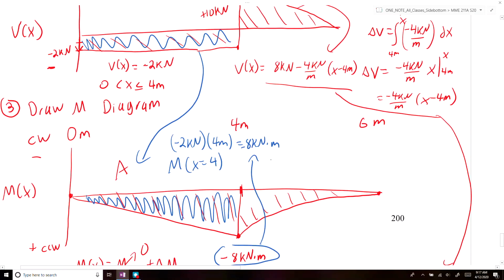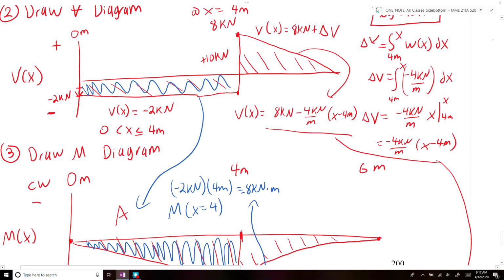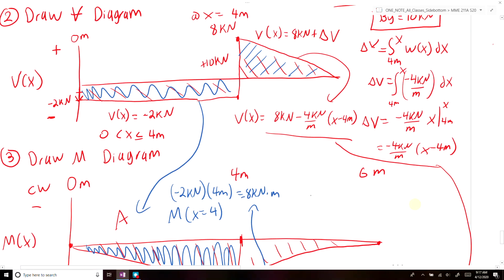And then if you look at the area under this triangle here, I'll call this A2. That's going to be equal to 1/2 times the height times the base. The height of that triangle is 8 kilonewtons, and the base is 2 meters. So that's 16 kilonewtons meters divided by 2, which is positive 8 kilonewton meters.